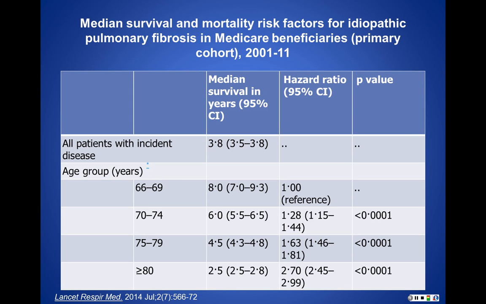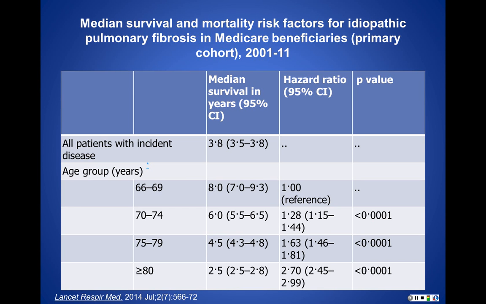Remember, IPF in the elderly, they are signed off, it's like a terminal death, but here is the mortality. Yes, the mortality is high, but it's about 8 years when you diagnose between 66 to 69. But this is based on ICD-9, okay?